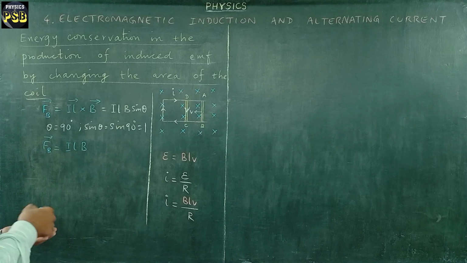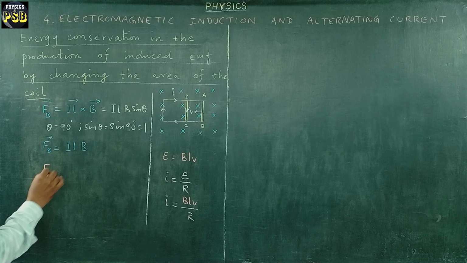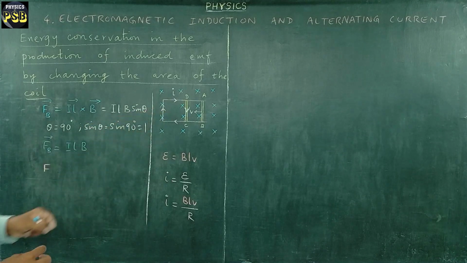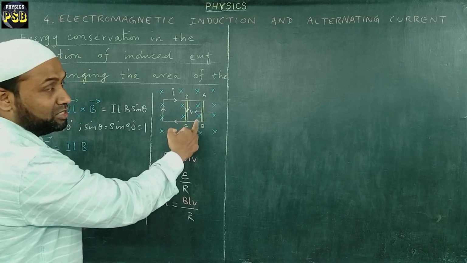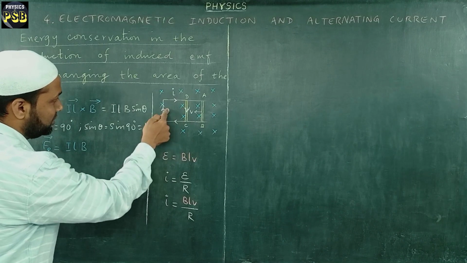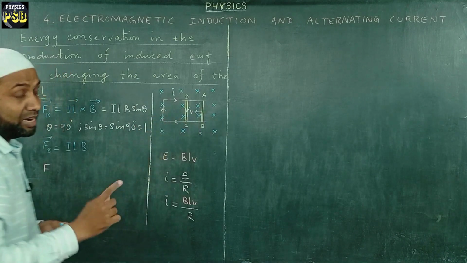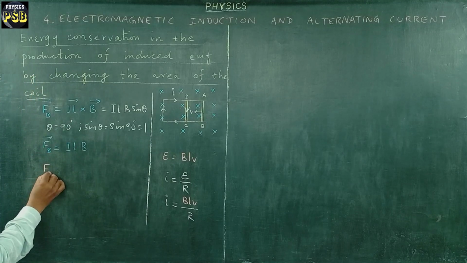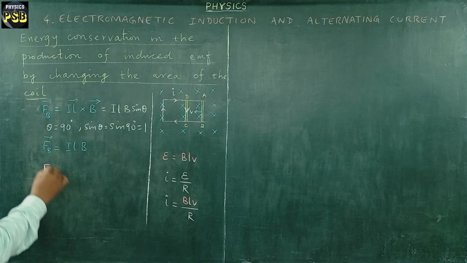Let me show this to you. Now the force required to move the rod in the magnetic field is equal and opposite to this magnetic force, which acts in the outward direction, just opposite to the motion of the metal rod. Suppose I move the metal rod in this direction, then this magnetic force will act in the opposite direction. So I need to apply a force just opposite to this magnetic force.